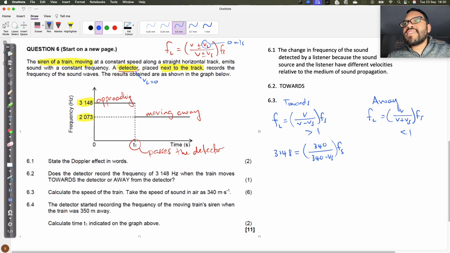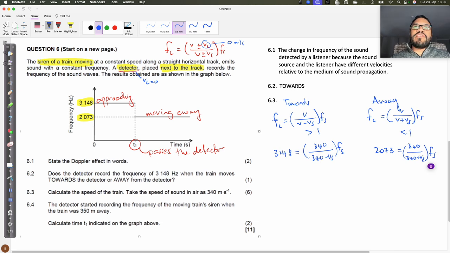And on the away side, I'm going to have 2073 equal to 340 over 340 plus Vs, multiplied by Fs.